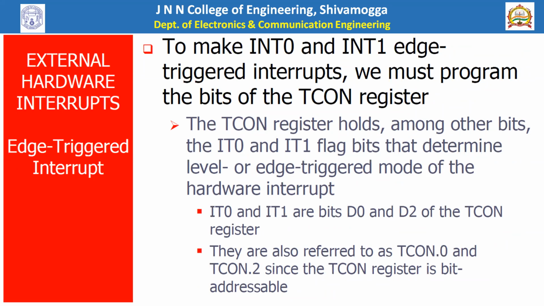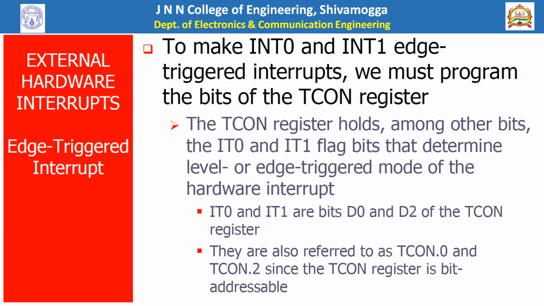To make INT0 and INT1 edge triggered interrupts, we must program the bits of the TCON register. Till here we have seen INT0 and INT1 as level triggered interrupts. Suppose you want to work with them as edge triggered interrupts, then you have to program a register called the TCON register.